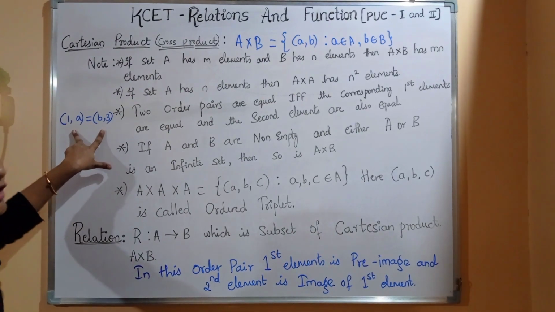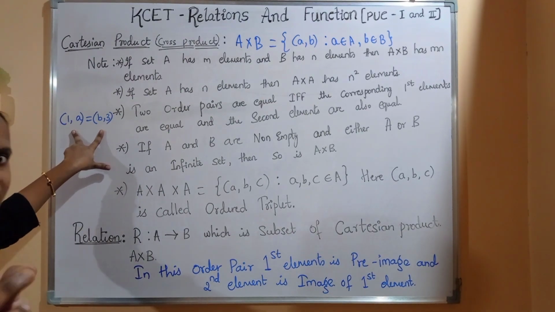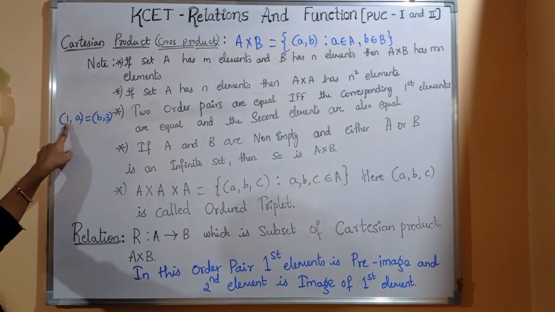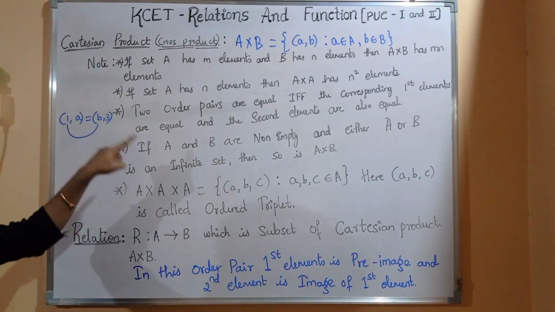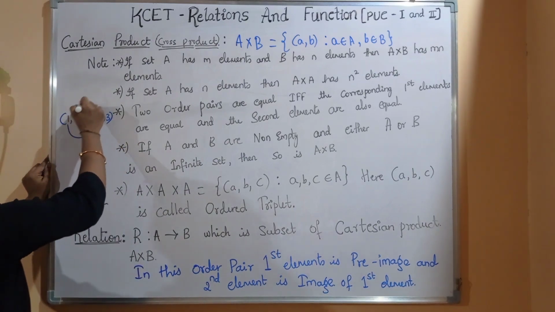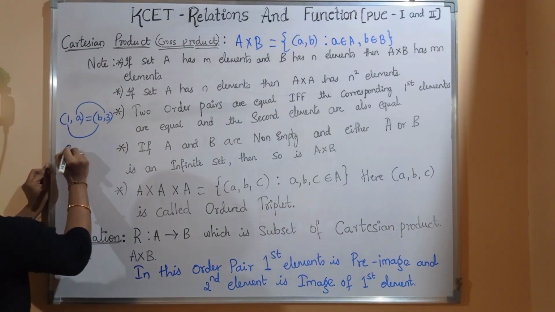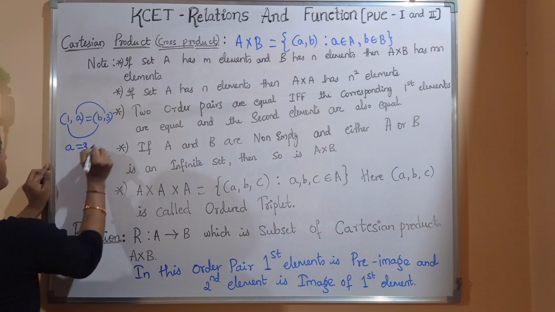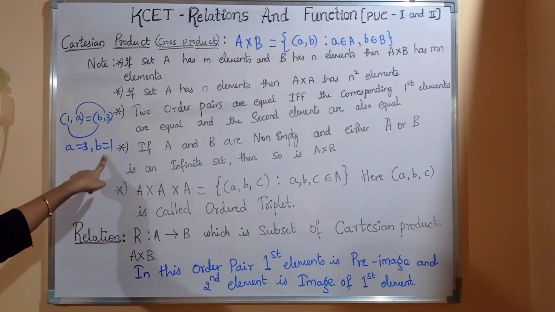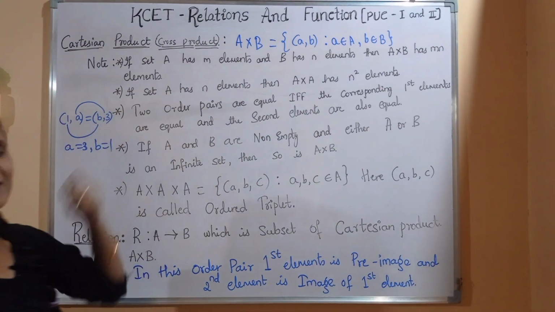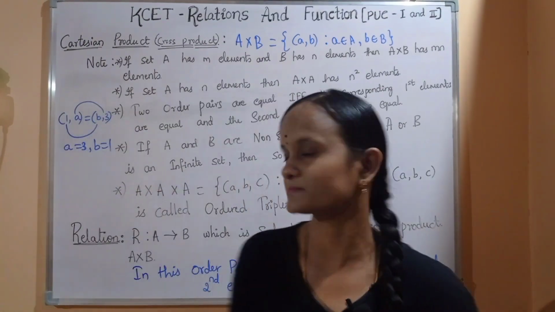When these two ordered pairs are equal, then we can equate the first element with the first element of the other ordered pair, and correspondingly the second element with the second. So therefore that becomes a is equal to 3, b is equal to 1. By this property we can find the values.